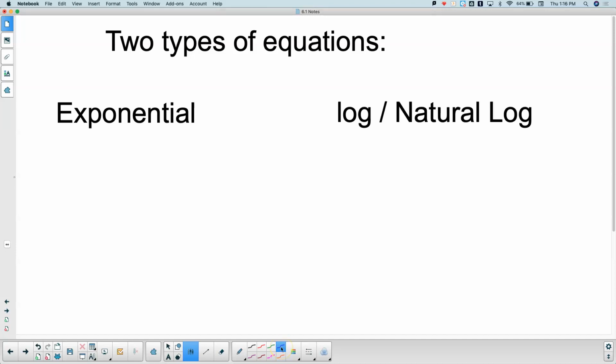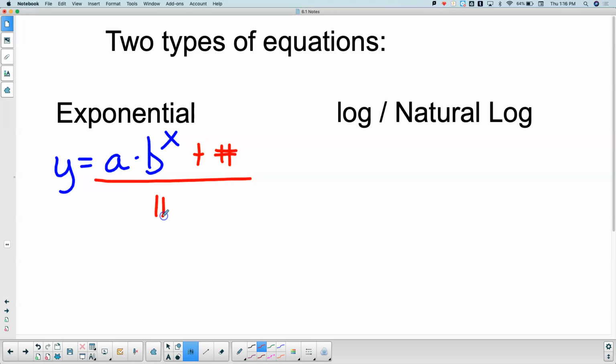Just know the fact that an exponential function at its core looks like that, or f of x equals a times b to the x power. Now, you might have some extra added-on stuff. We might have something like plus some number out here, and then it's divided by another number over there, and all that other stuff. But at its core, if you see the independent variable in the exponent, that is an exponential function.